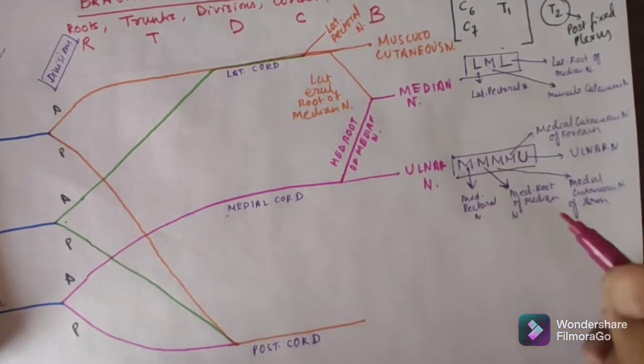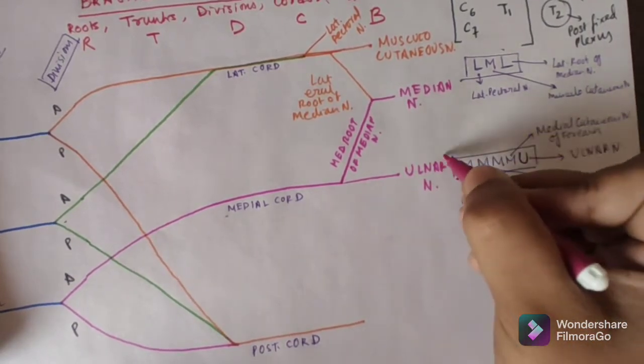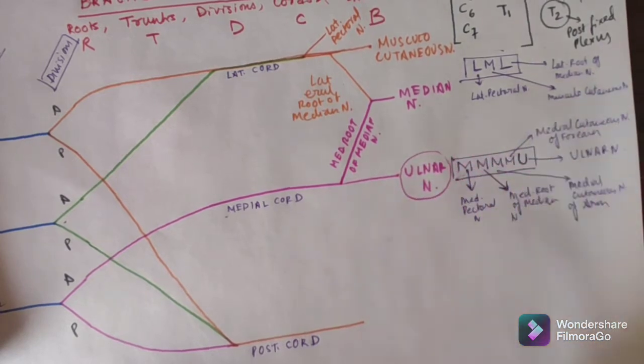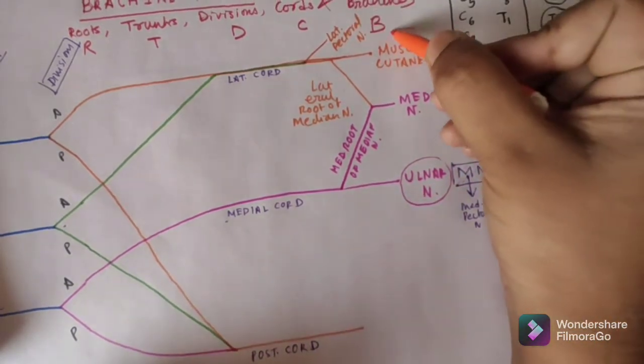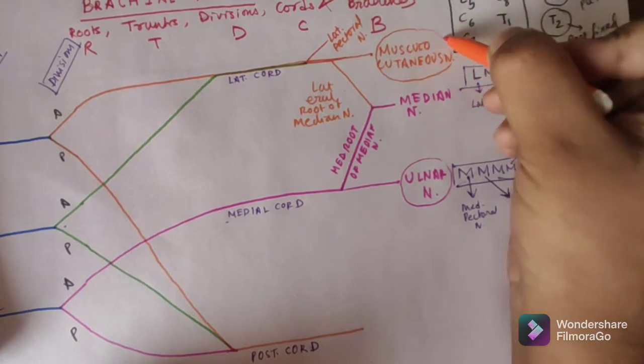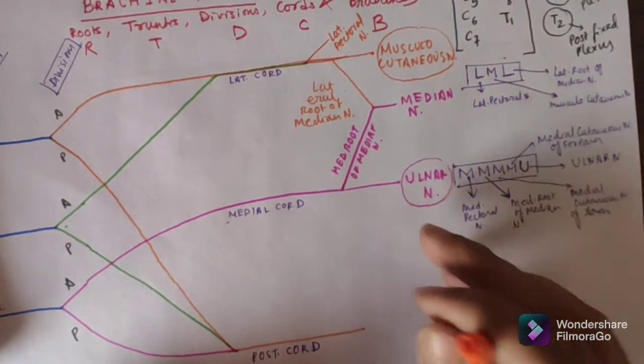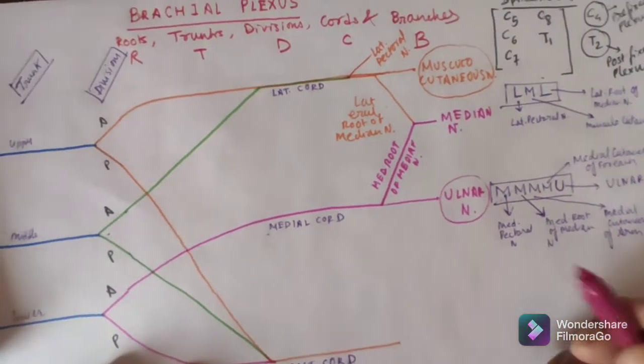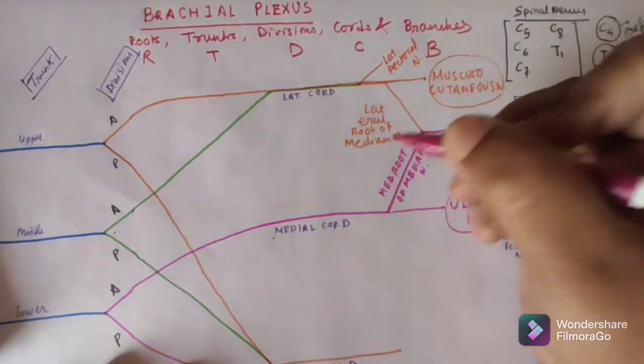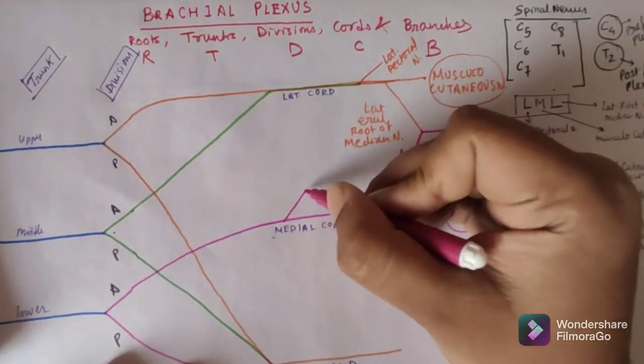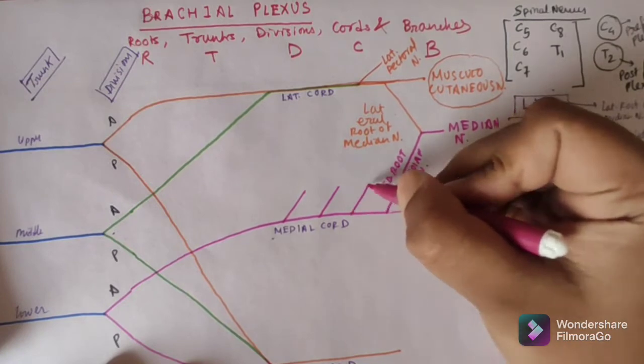Now this is the ulnar nerve. Now this is the main branch of the medial cord. Okay, just like the musculocutaneous nerve was the main branch of the lateral cord, the ulnar nerve is the main branch of the medial cord. Now along with this, there will be three other branches. 1, 2, 3.